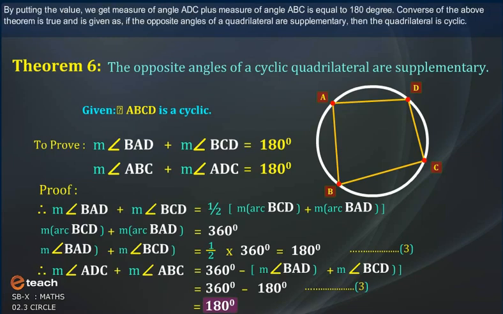By putting the value, we get measure of angle ADC plus measure of angle ABC is equal to 180 degrees. Converse of the above theorem is true and is given as: if the opposite angles of a quadrilateral are supplementary, then the quadrilateral is cyclic.